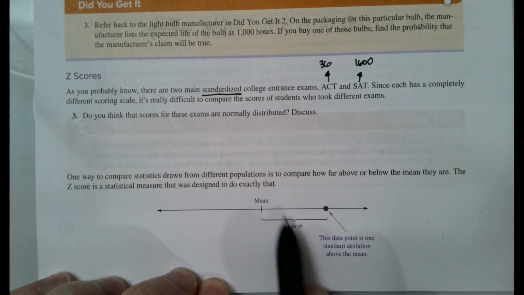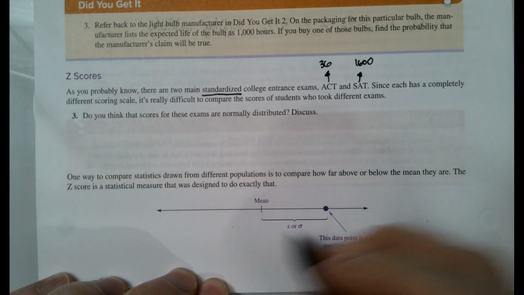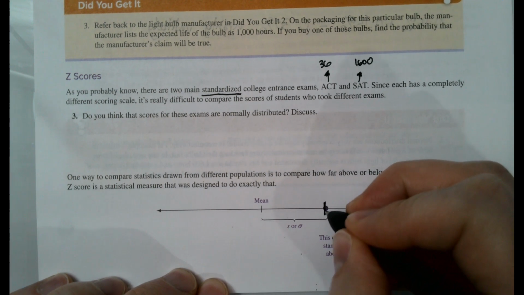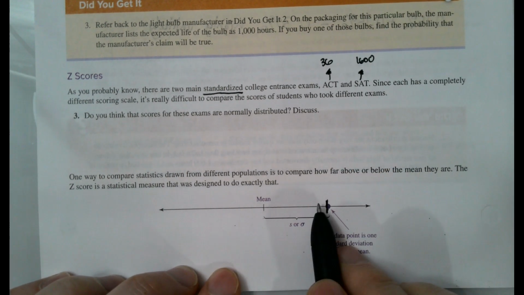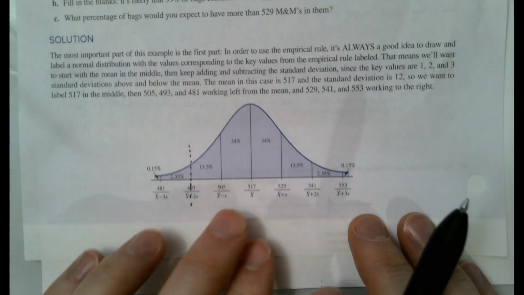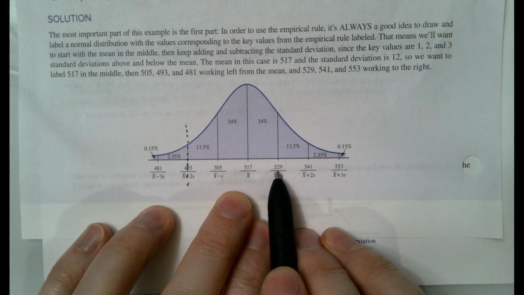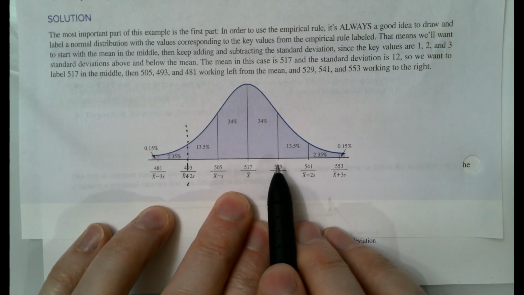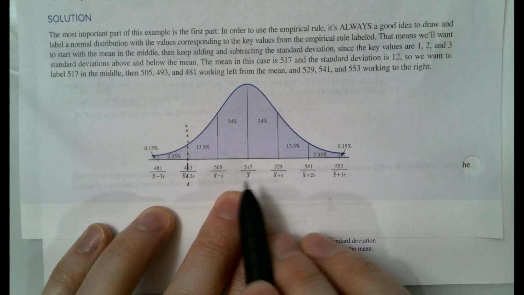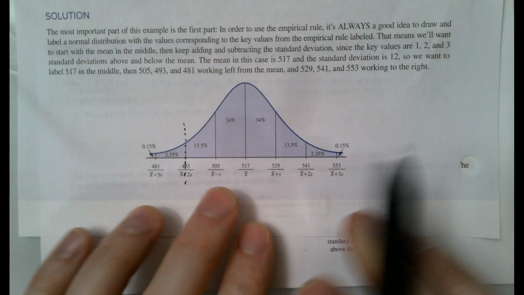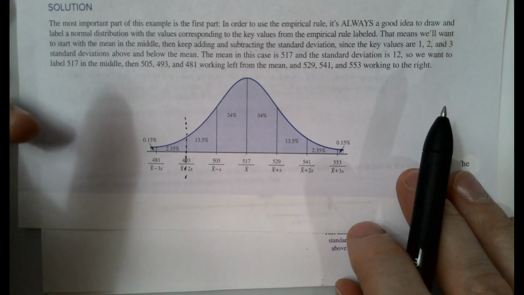So if we had the mean and then we knew the standard deviation and the data value was exactly one standard deviation above the mean, in other words, if we selected a bag of M&Ms and it had exactly 529 M&Ms in it, that particular data value is exactly one standard deviation above the mean. Its z-score would be equal to 1.